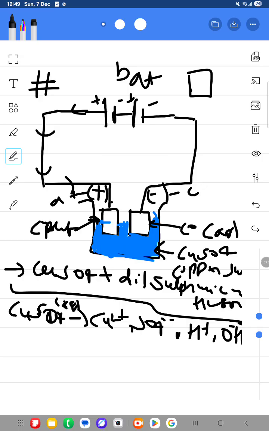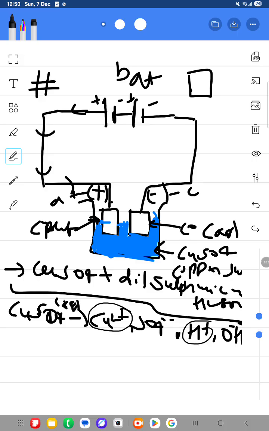Now in this solution we have two positive and two negative ions. I have taught you earlier that like charges repel and unlike charges attract.